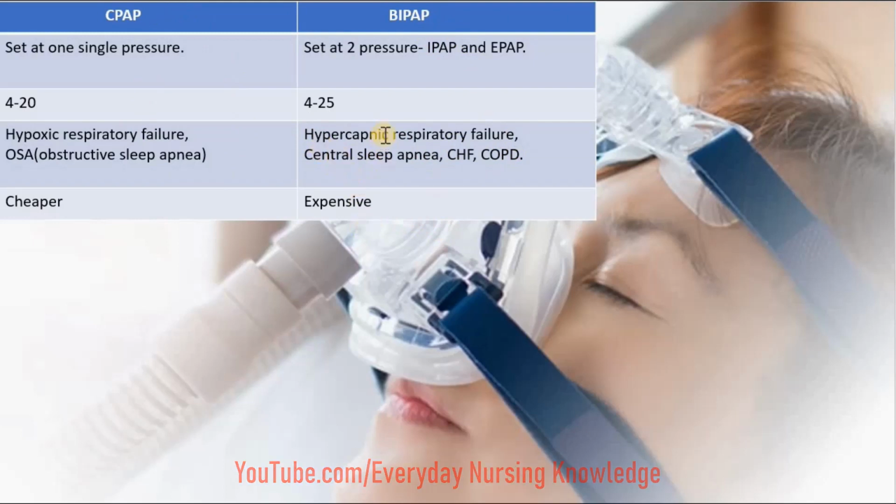That means decreased oxygen, along with increased carbon dioxide. Example is COPD. Another indication is central sleep apnea. Sleep apnea that is caused because the brain does not send signals to the muscles to control respiration. So again, it's central sleep apnea and CHF. Regarding the cost, CPAP is cost effective or cheaper, whereas BiPAP is more expensive.